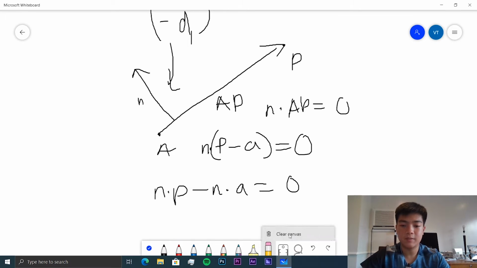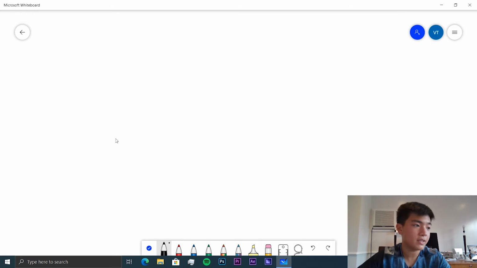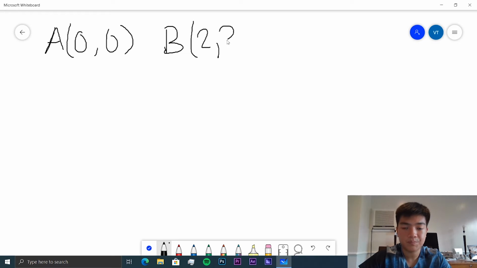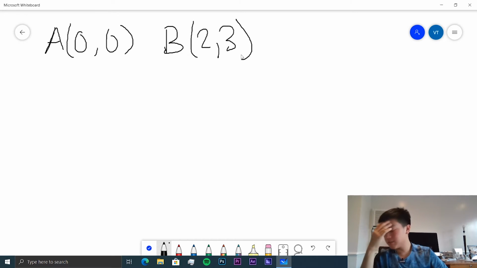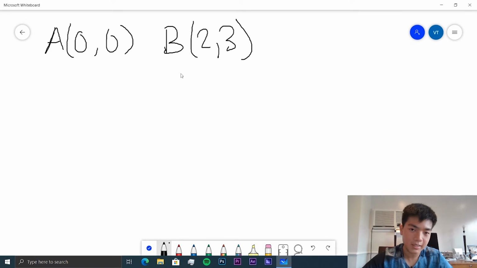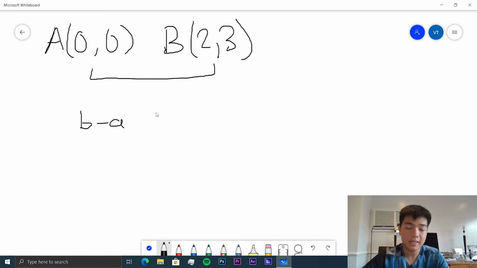The first question is, find a vector equation of the line passing through the points (0, 0) and (2, 3). To find the vector equation of a line given two points is relatively easy. What we do first is subtract the two: b minus a, the position vector of B minus the position vector of A, to give us the direction. In this case, the direction will simply be (2, 3).